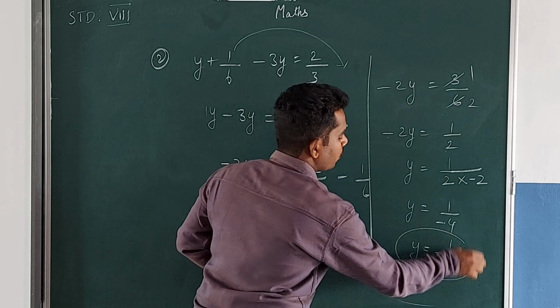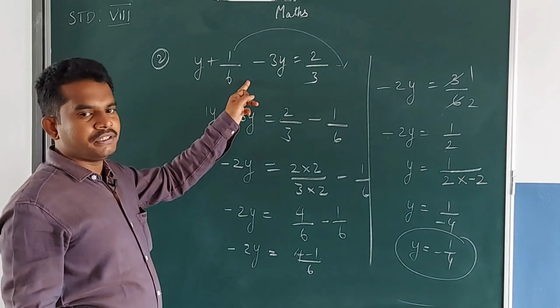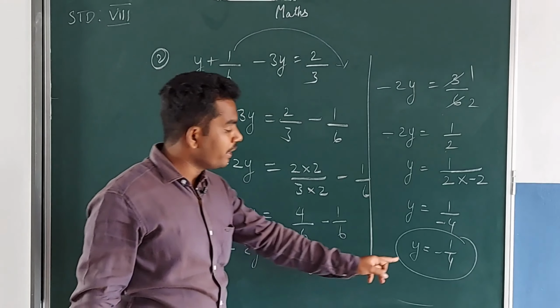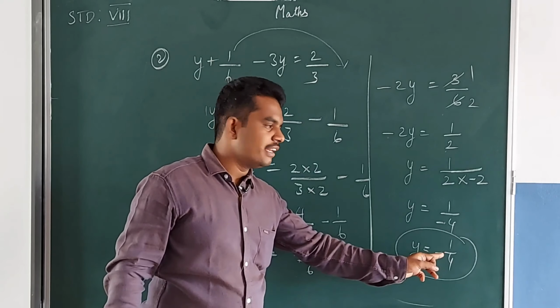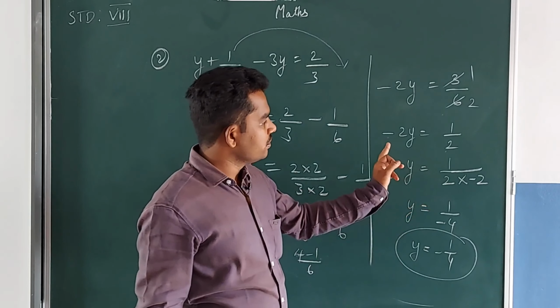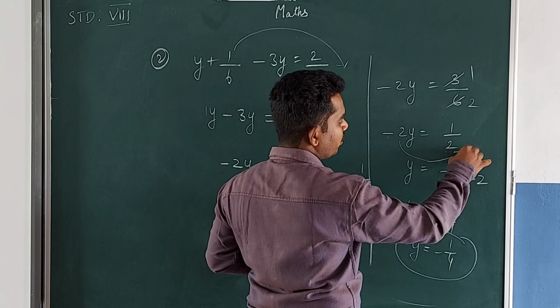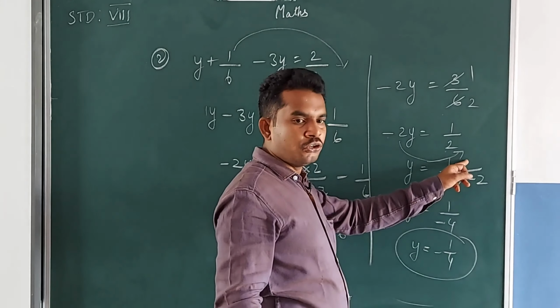So the value for this linear equation is y equal to minus 1 by 4. This step is very very important. Minus 2 goes to divide, 2 into minus 2. Don't write minus 2 in the numerator.